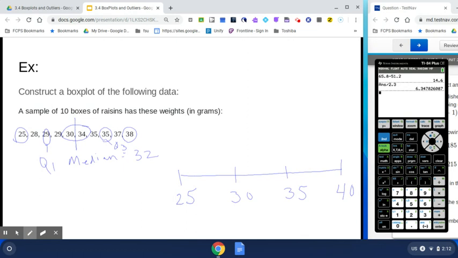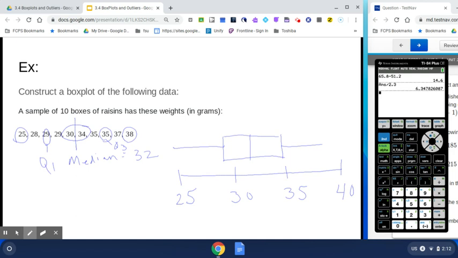Quartile 1 is at 29. The median is 32. And then quartile 3 is 35. So I'm going to connect those lines to make the box. And then I'm going to extend out to the min and extend out to the max to form the whiskers.